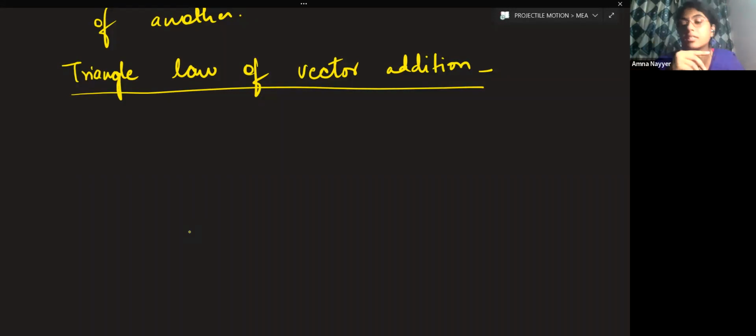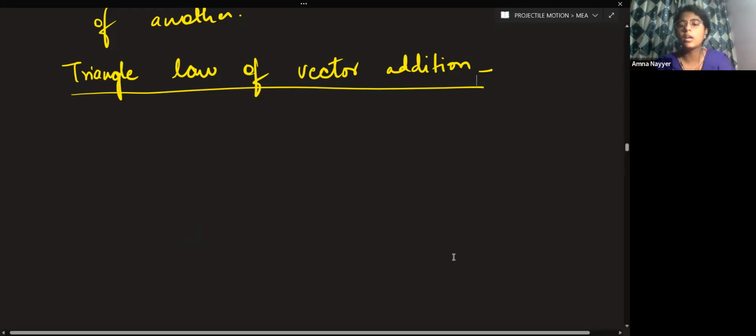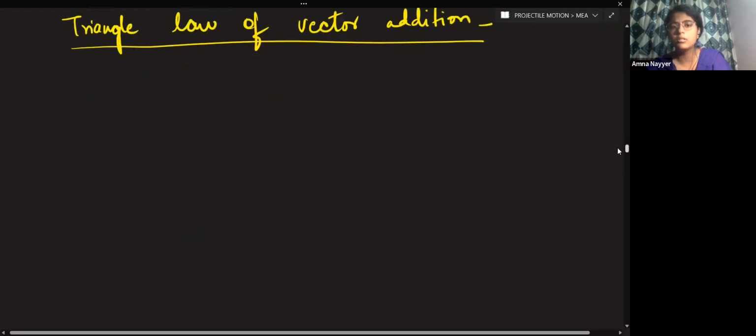That's why in the very first class of vectors I did the parallelogram law. For triangle law and polygon law, just the law statement will be different. So in your exam, if you get it, everything will be the same as what you have studied in parallelogram law. Just you have to identify. Questions on triangle law and polygon law are rarer compared to parallelogram law, which is frequently asked.